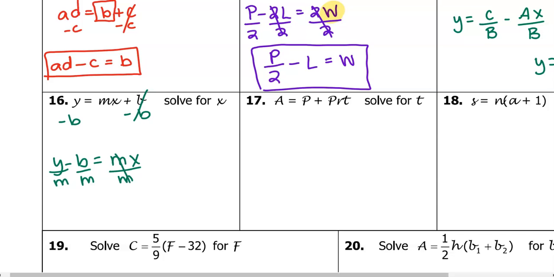Does y over m or b over m simplify in any way? No. So we can leave it the way it is. We can say x equals, we can leave them as two separate fractions if you want to. Or you can say y minus b divided by m. Both are correct.